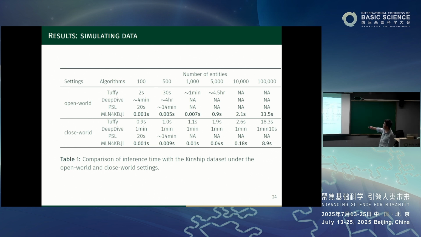When it's only 1,000 entities, Tuffy uses approximately 1 minute. These two fail, but ours only uses milliseconds. When it comes to 100,000 entities, all three methods fail.